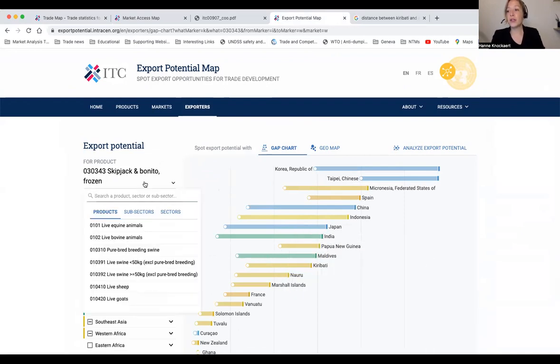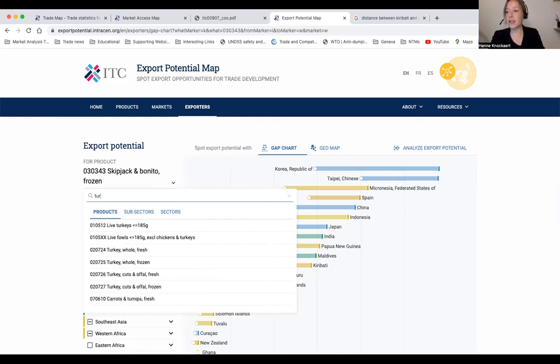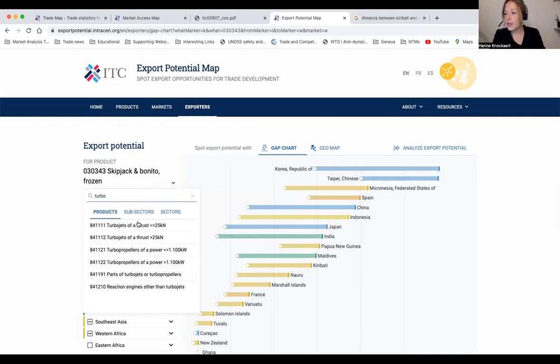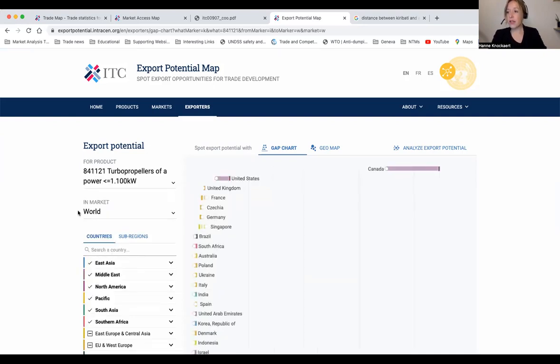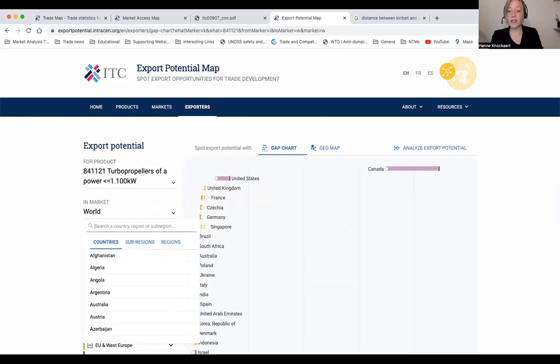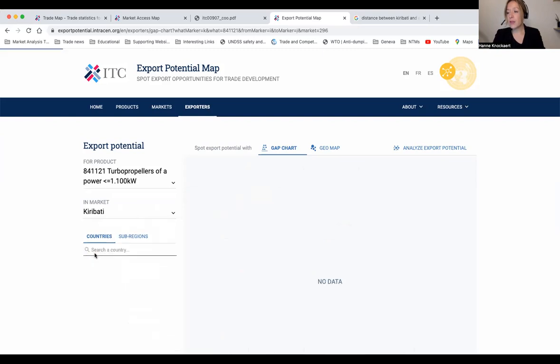So we're looking at the skipjack at the moment, but let's look at turbo propellers, because that seems to be a product that is exported by Kiribati in our example. So we are a market, Kiribati.